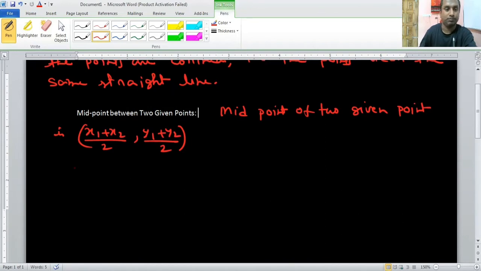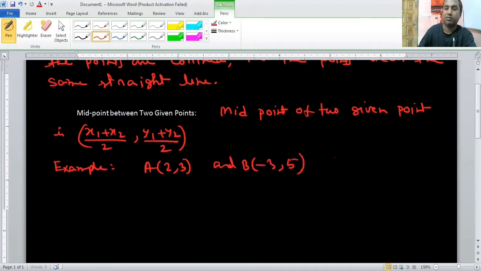Suppose, for example, A, B are two points with the given coordinates. Find the midpoint of AB.